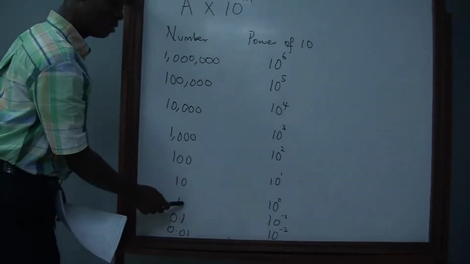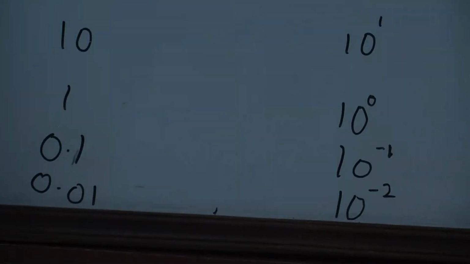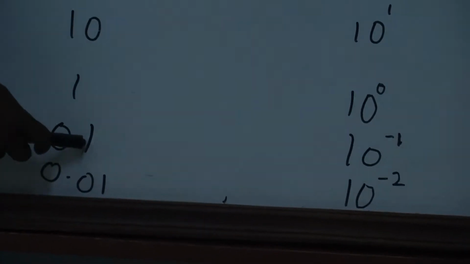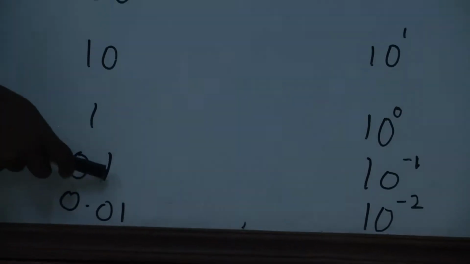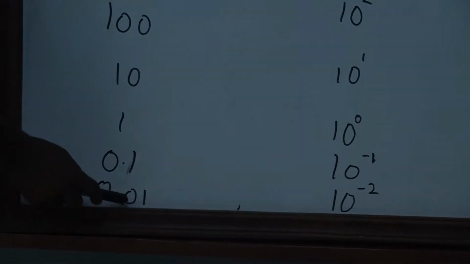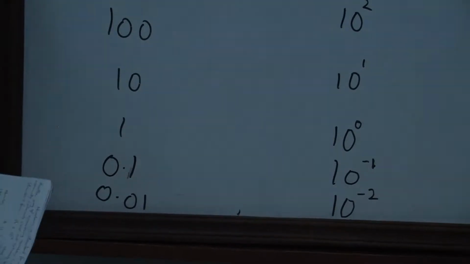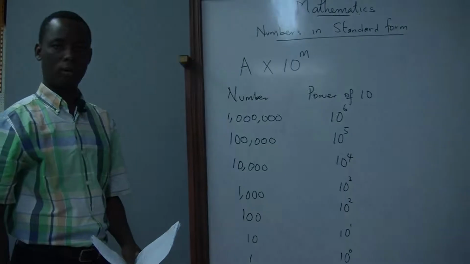And here we have no zeros at all, so 0. For numbers less than 1, we count the number of decimal places before the number. Here it is just 1, but in the negative sense, negative 1, and here we have 1 and 2. That is the reason why we have negative 2. And it continues downward that way.